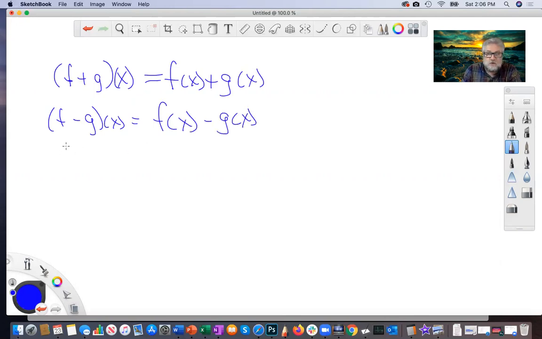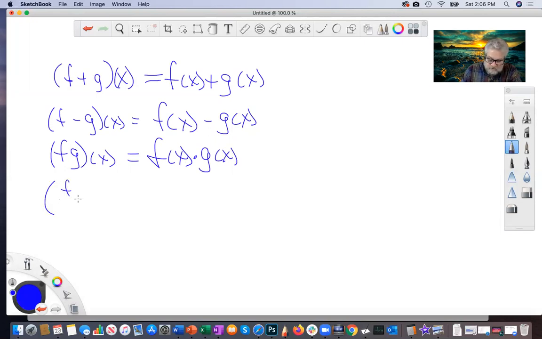If I do f times g of x, that'll be f of x times g of x. And surprisingly enough, f divided by g of x is, what a surprise, f of x over g of x.